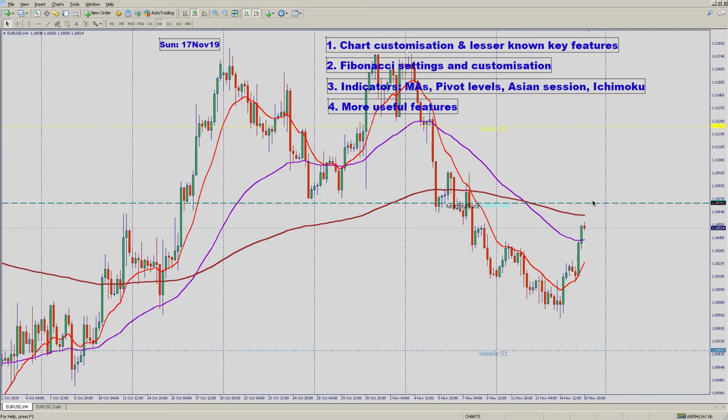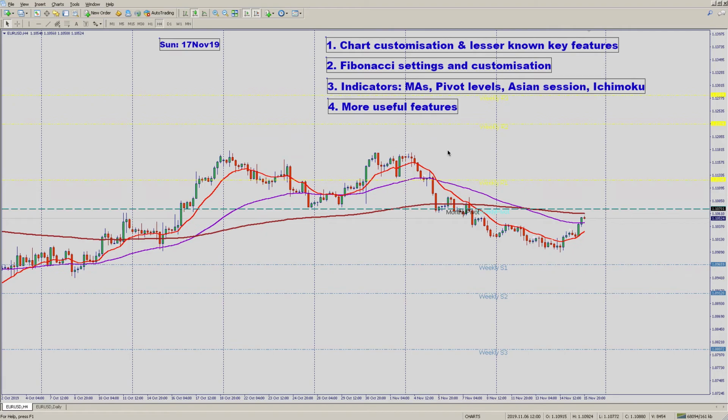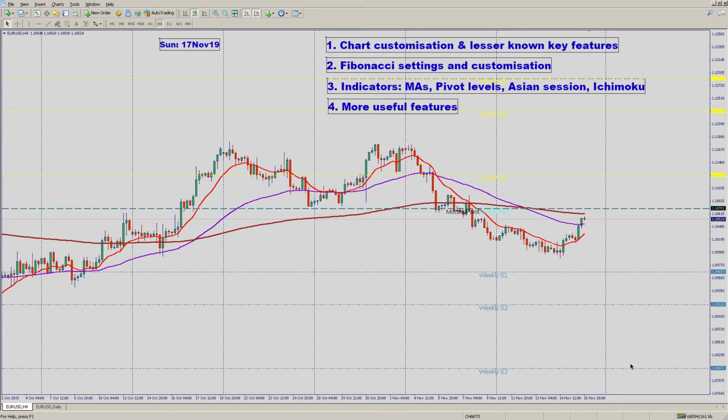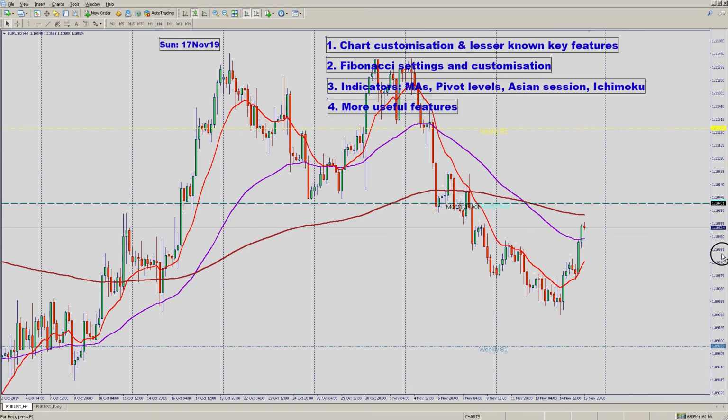It just happened that for this week it's very closely aligned. Then there's weekly R1 and weekly S1 levels. And high up you can find up to R3 and down to S3, right, for the weekly levels. If you have monthly pivots as well, then you can have monthly R1s, monthly S1s.